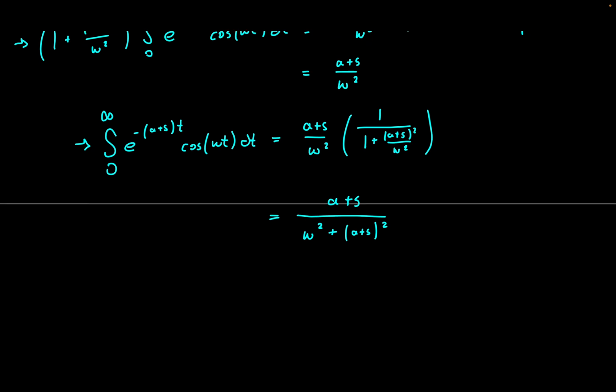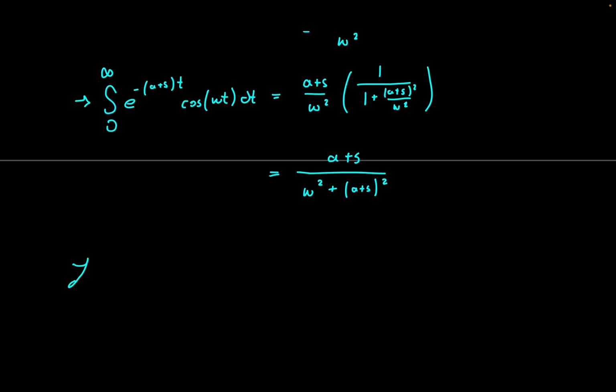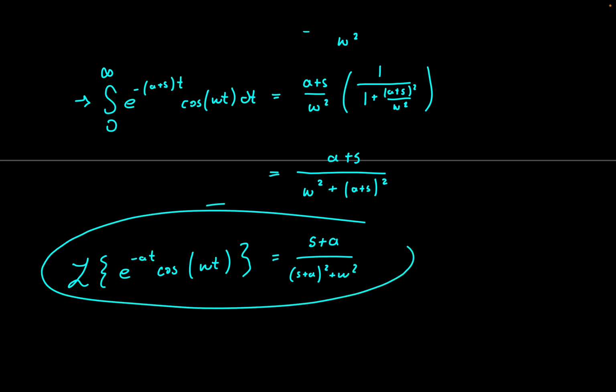And that's it. So now we know that the Laplace transform of e to the negative at cos omega t is equal to (s plus a) divided by (s plus a) squared plus omega squared. And that's it.